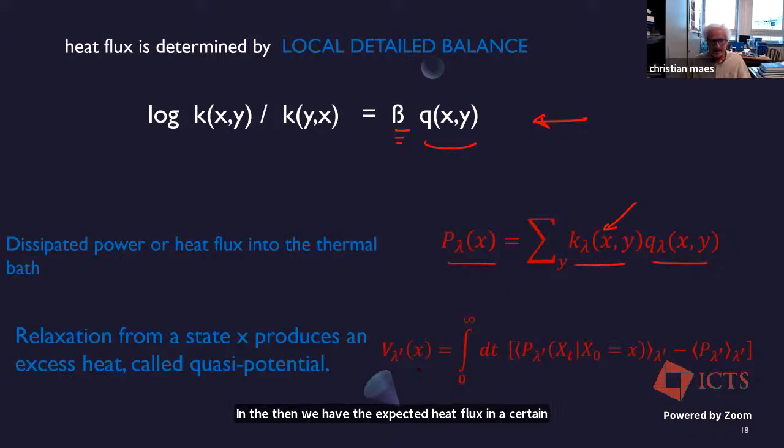And then the excess heat is completely determined by the so-called quasi-potential, which is the time integral of the excess between the power at time t and the stationary power, where possibly I put lambda prime as the new parameter, while the x will be drawn from the old or original non-equilibrium condition. So that is the mathematical setup.